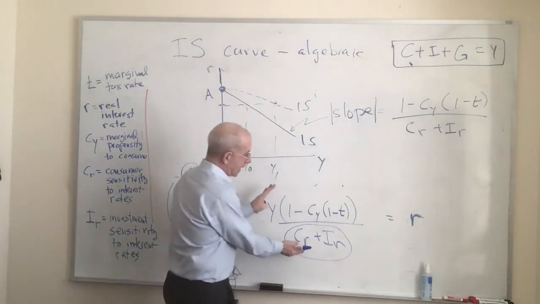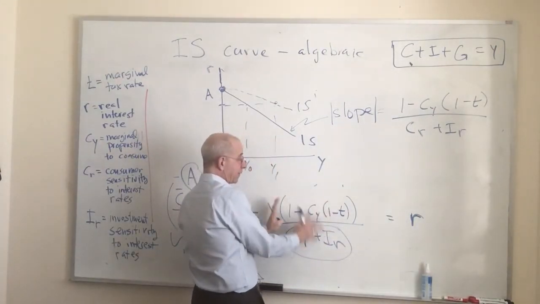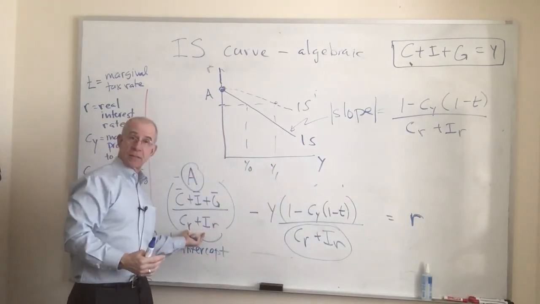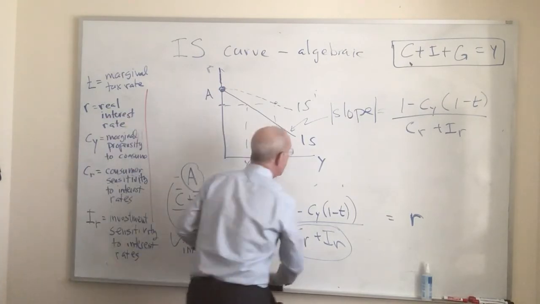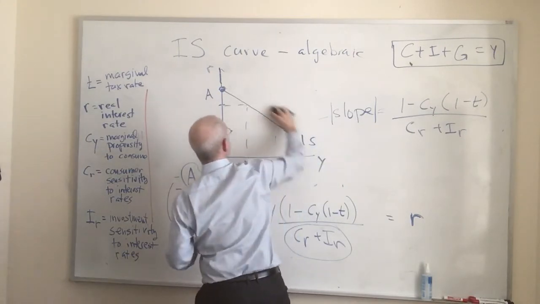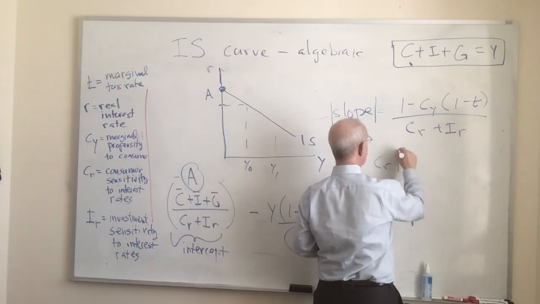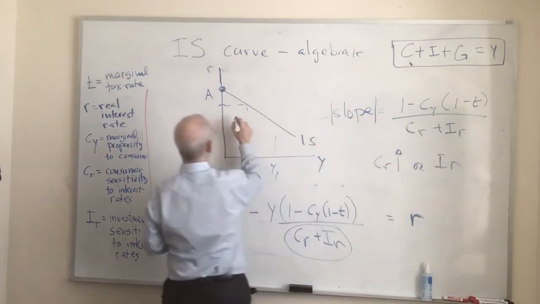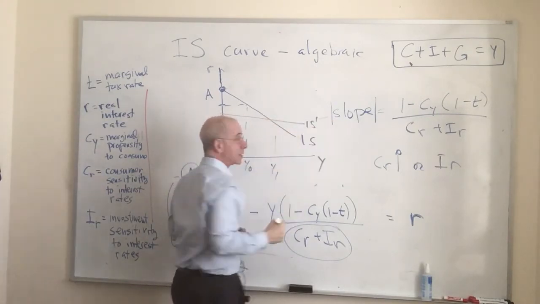It means a bigger denominator. This gets flatter. Okay, the IS curve gets flatter, but you'll notice it also has this effect over here on the intercept. So if either CR goes up or IR goes up, you would tend to have a flatter IS curve.